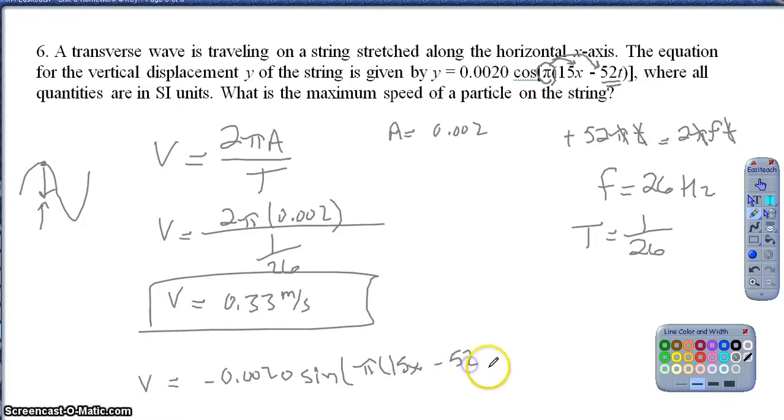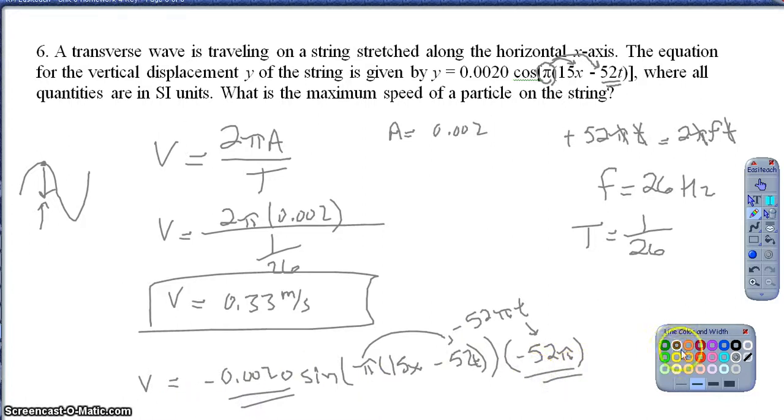But then I do need to do the derivative of the inside with respect to t. So doing that, I would then multiply this by a new factor of negative 52 pi, since if I distribute the pi in here, it'd be negative 52 pi t. So then the derivative of that would be a negative 52 pi. So all I end up doing then is multiplying this number out front by that.